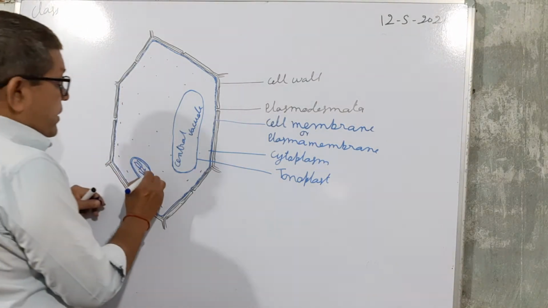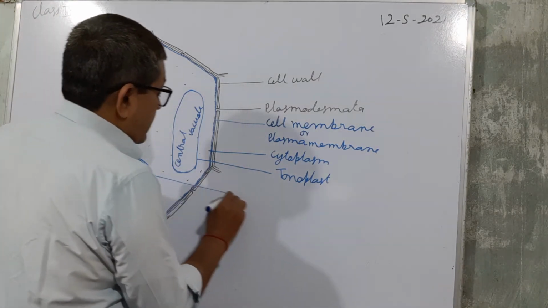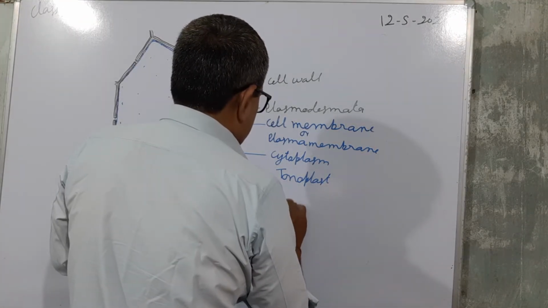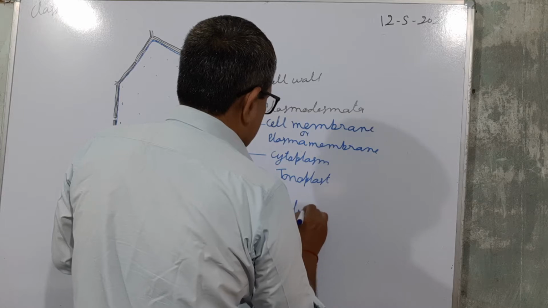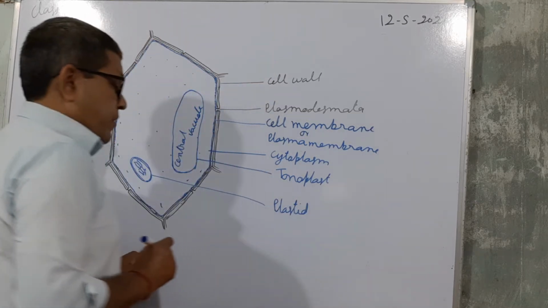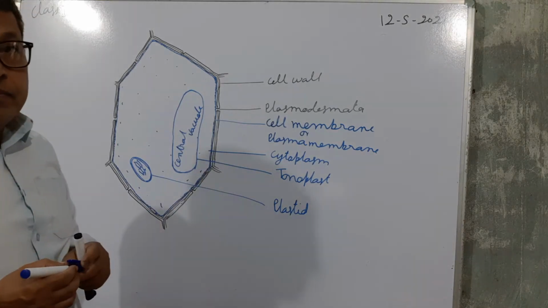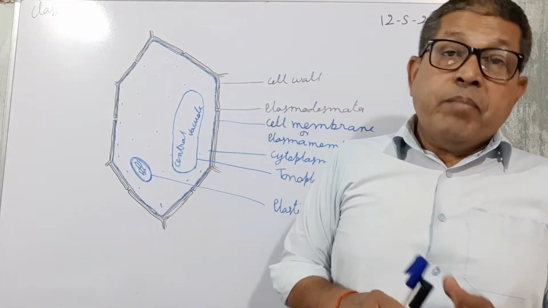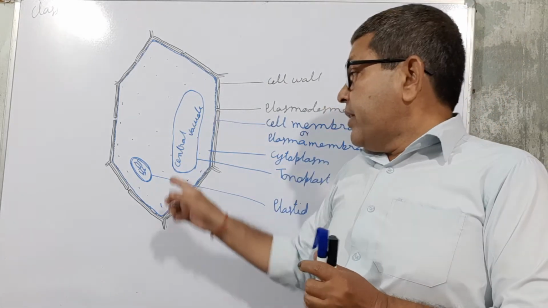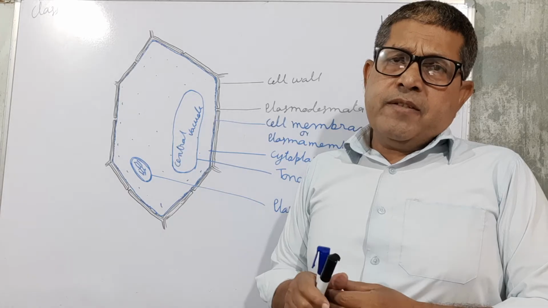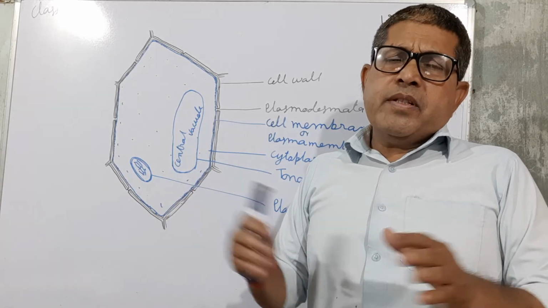This structure is called the plastid. Plastids are found only in plant cells. They are not found in animal cells. The function of plastids we will discuss later.